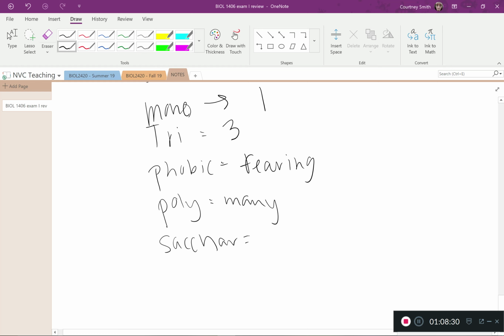Sorry guys, my handwriting is trash on my computer. Saccharid is sugar. And if a word ends in ose, it also means sugar. Such as glucose. I'm going to spell sucrose because I know how to spell sucrose.